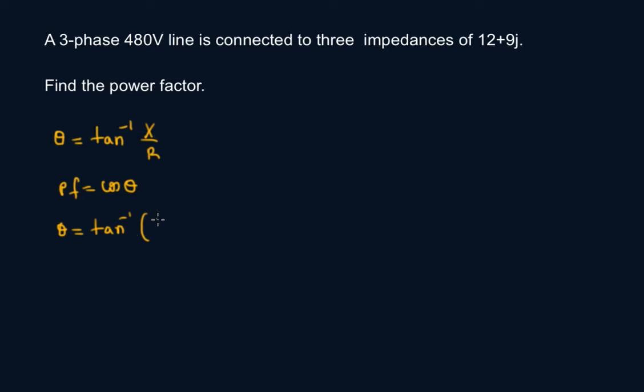So x is 9, r is 12. If you plug that into your calculator, theta is 36.86 degrees. So the power factor is the cosine of 36.86, which is equal to 0.8.